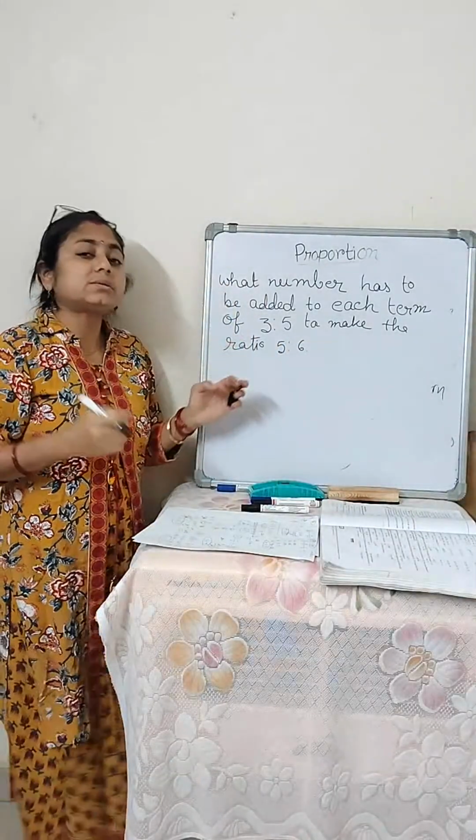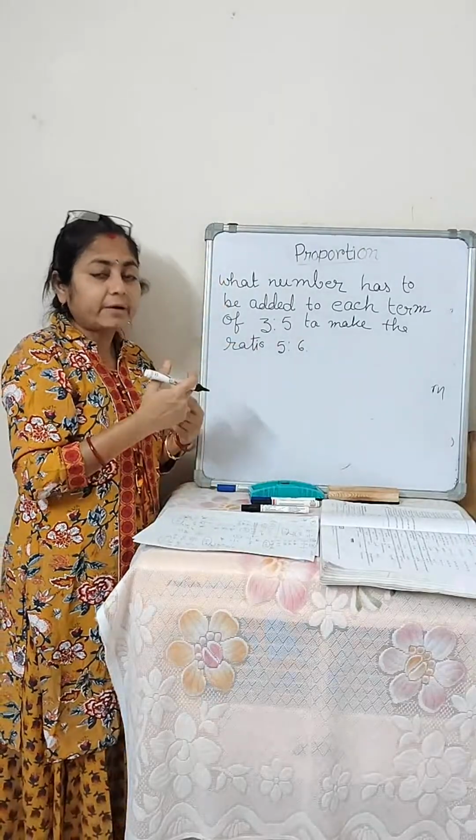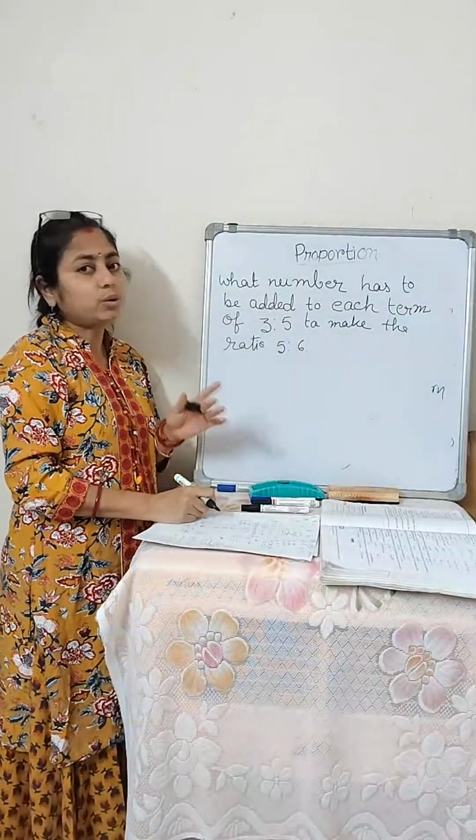One ratio is 3:5. You should add some number and the ratio should change. It is 5:6. I do not know the number.